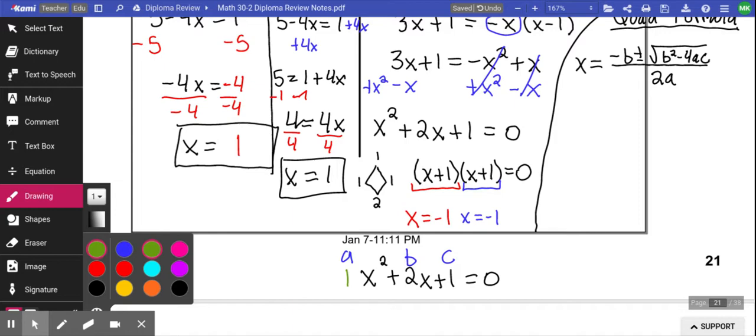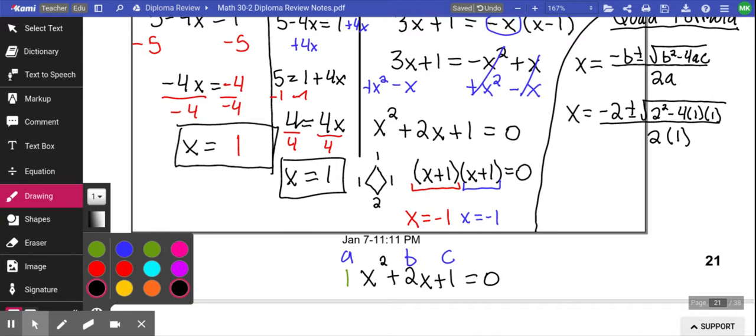So if we do the quad formula, that would be x equals -2 plus or minus the square root of 2 squared minus 4 times 1 times 1, all divided by 2 times 1.